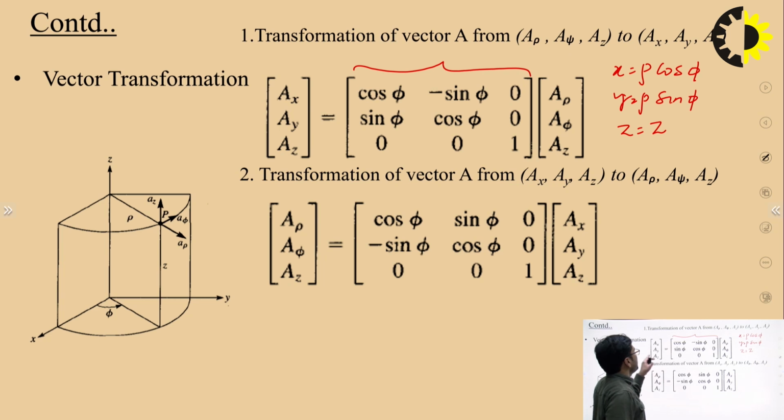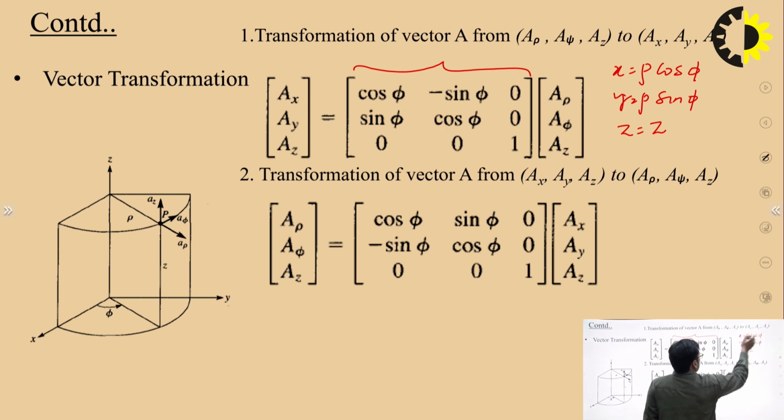You can see first this is ax and a rho. So, the first element of this matrix should be differentiated by rho. Meaning if you take the differentiation of x with respect to rho, then you will get cos phi, right?